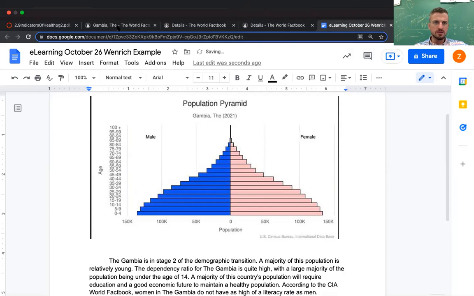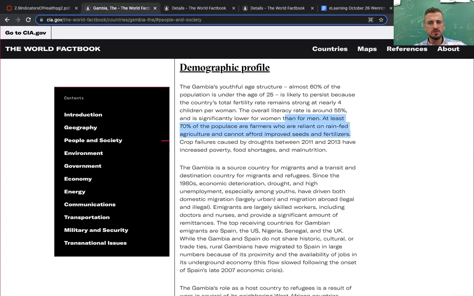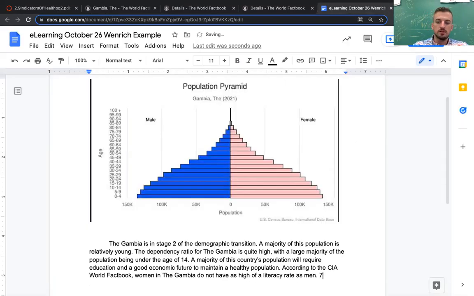And it said, what did it say about farmers? Oh no. 70% of the country are farmers that can't afford the technology associated with a healthy food supply.